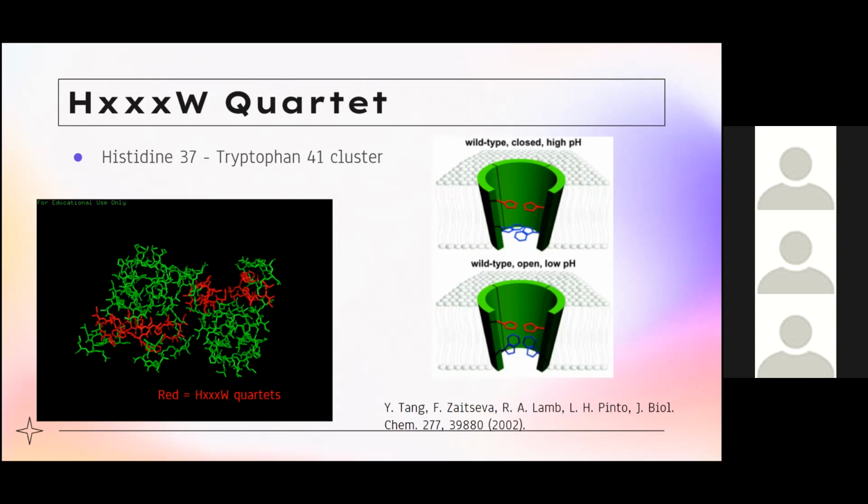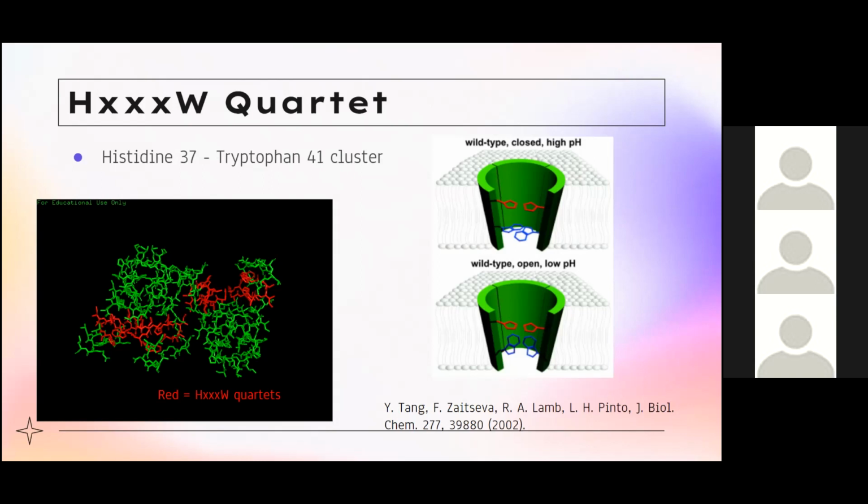It's also important to note that these are only for 2 of the 4 subunits. On the top, it shows the scheme for a closed M2 channel. The channel is closed when the pH of the outside is high, because the histidine 37 is not charged, and the tryptophan 41 obstructs the pore near its cytoplasmic end.